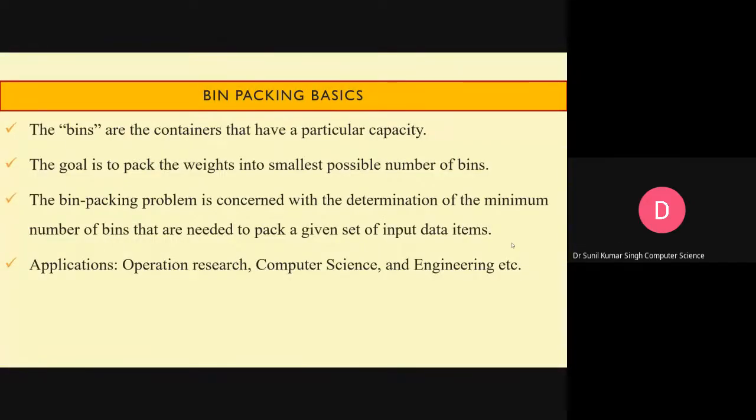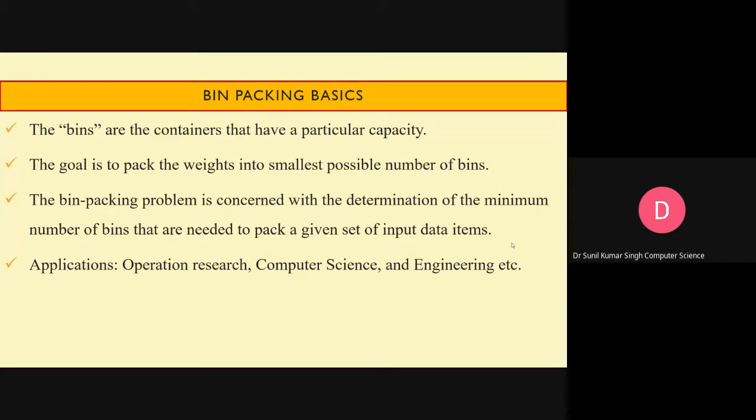So bin packing, as I have already indicated, is packing the items into the container. Everyone does packing, but why is this bin packing algorithm required? Although you can pack the items, the objective here is to pack efficiently and effectively. Look at line number 1.